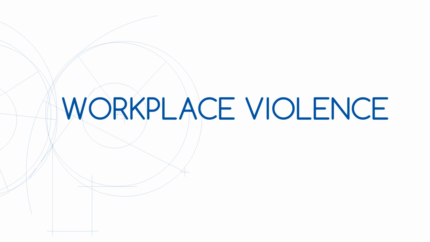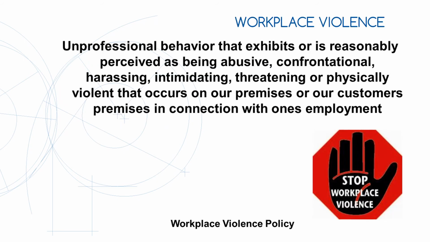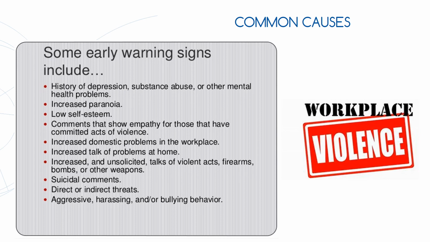Now we will be going over workplace violence. Workplace violence. Unprofessional behavior that exhibits or is reasonably perceived as being abusive, confrontational, harassing, intimidating, threatening, or physically violent that occurs on our premises or our customer's premises in connection with one's employment. Below are some early warning signs of workplace violence.